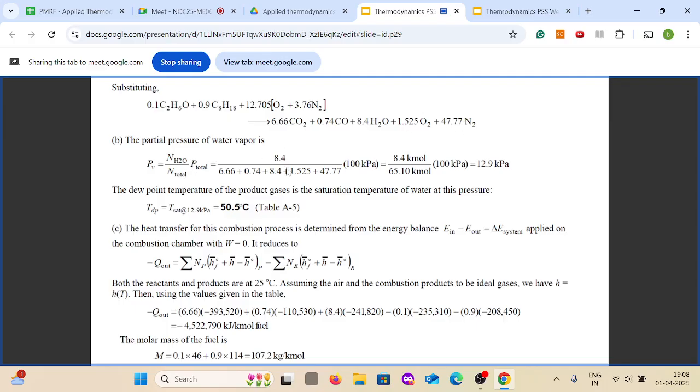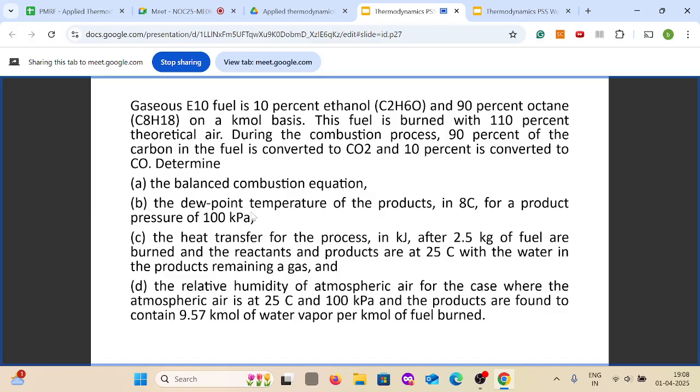So the number of moles of water is 8.4, divided by the total moles, which is 6.66 plus 0.74 plus 8.4 plus 1.525 plus 47.77, times your total pressure of 100 kilopascal. It will give you the partial pressure of water vapor as 12.9 kilopascal. The temperature corresponding to this saturation pressure is 50.5 degrees Celsius. So we know the dew point temperature, which has been asked.